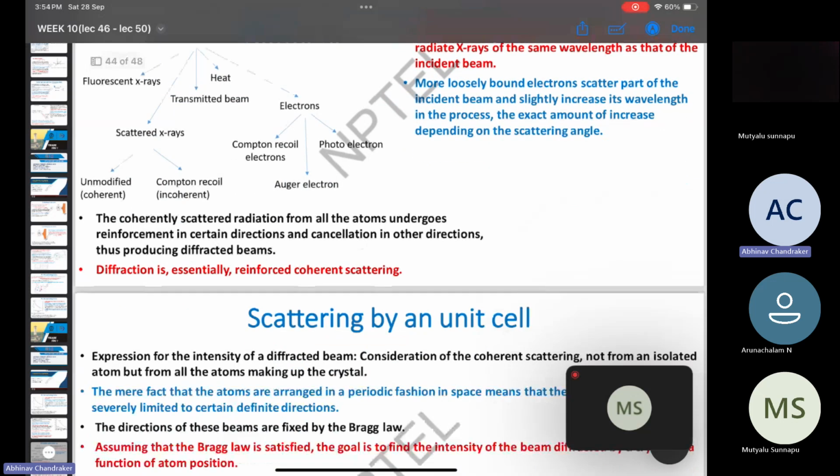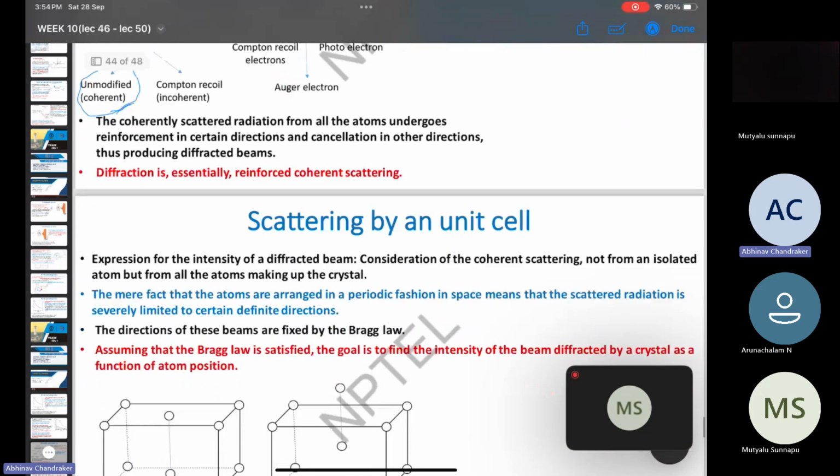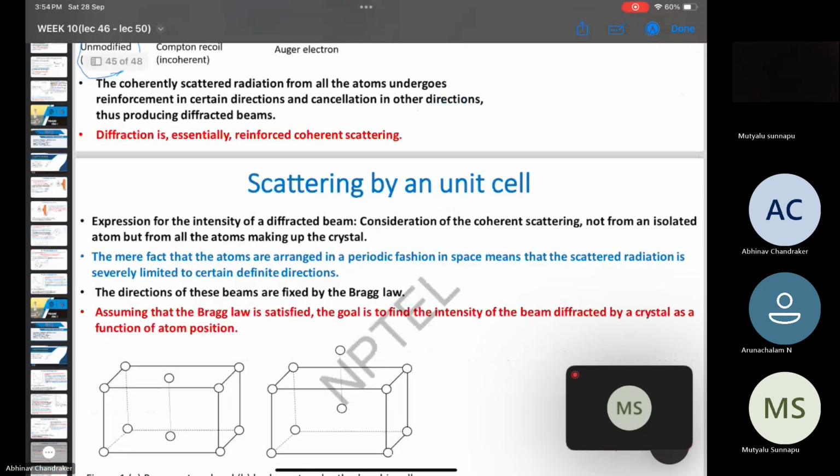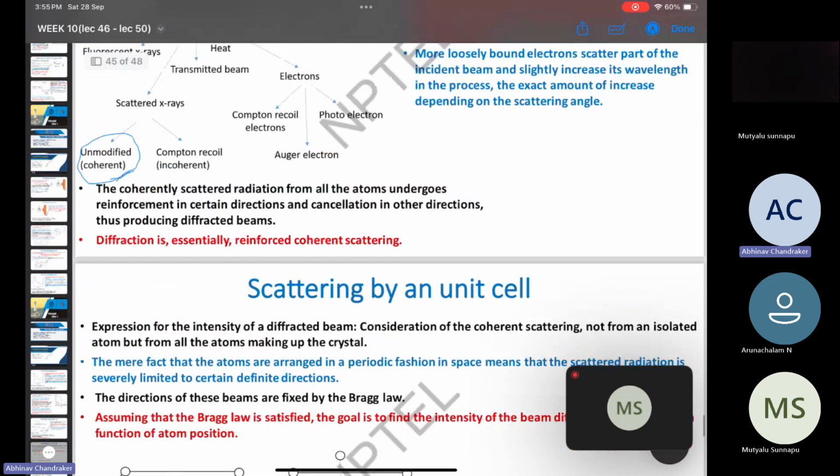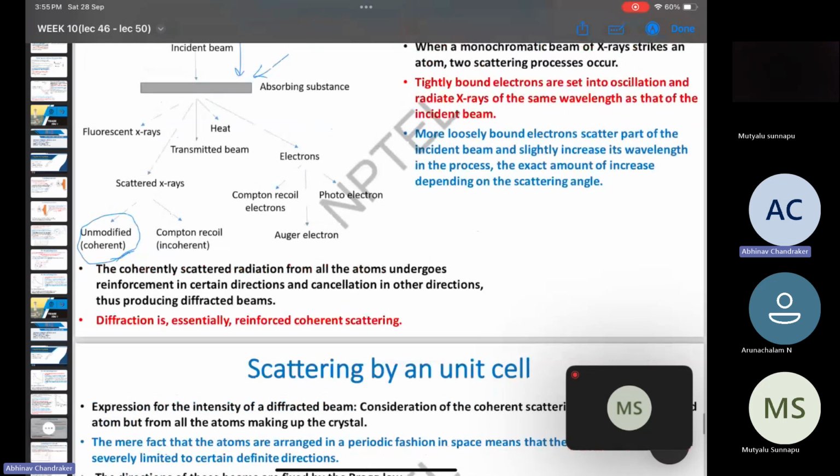And when we are looking at X-ray diffraction, we are majorly interested in the coherent beam that gets generated, and diffraction is essentially interference of this coherent beam, which leads to reinforcement of scattering.